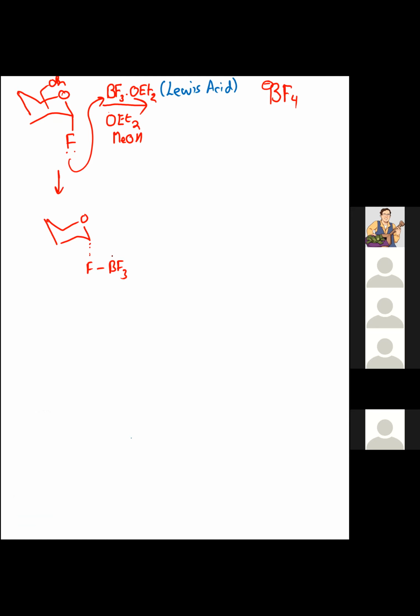I'm not really sure where to put my charge. I'm going to keep everything neutral. We're going to pretend all the bonds are dative at this point. But you could imagine putting a positive charge on the carbon here and a negative charge on the boron, or a negative charge on the fluorine. Both those would be appropriate and fine. But we're lengthening that bond, and now we're allowed to do our SN2.